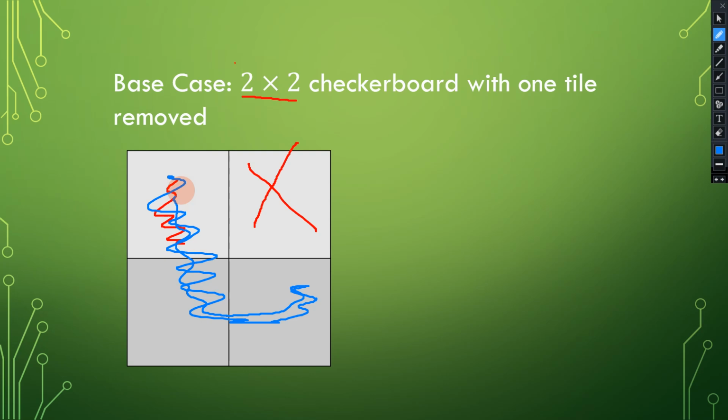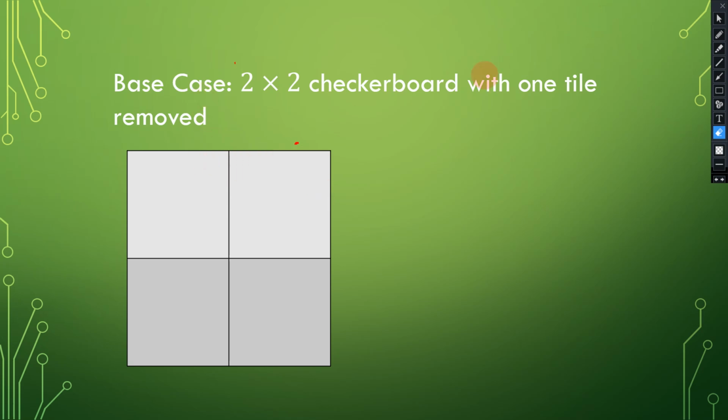This blue color represents a triomino. So I can easily cover it with a triomino. So for the base case, our hypothesis is true. This is the first step of mathematical induction.